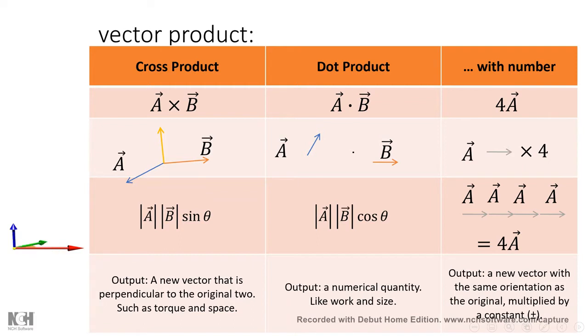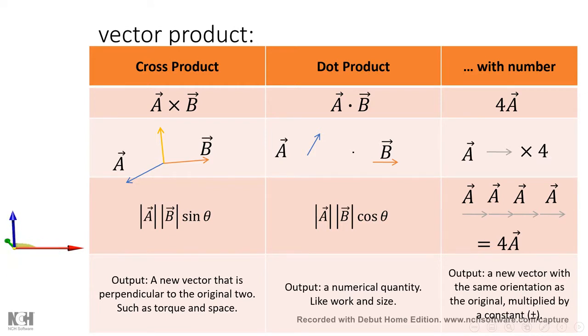If we have the red vector and the green vector, the cross product between them is the blue vector. It is perpendicular to their surface.